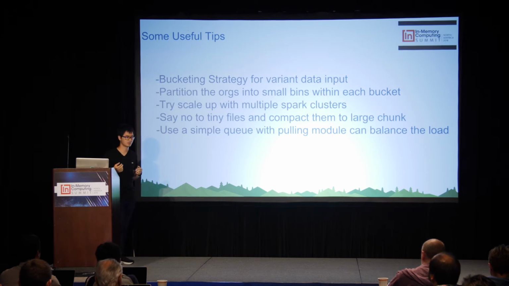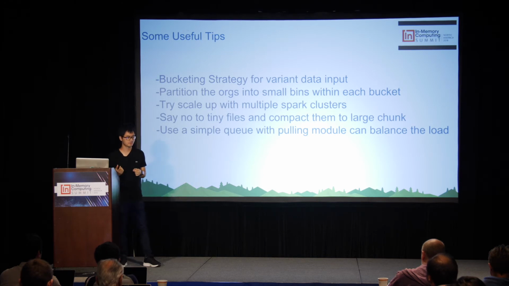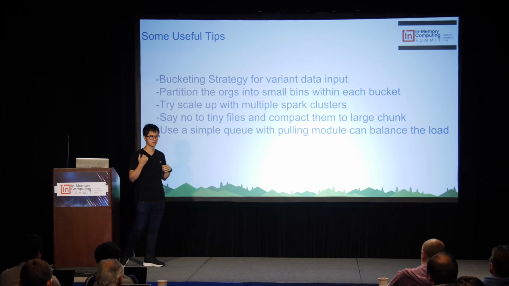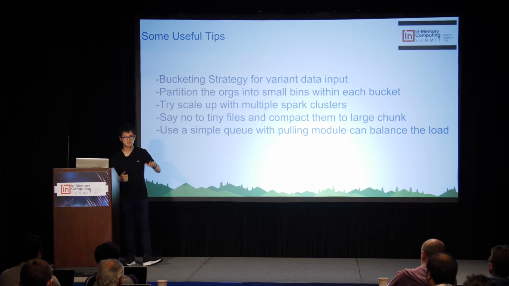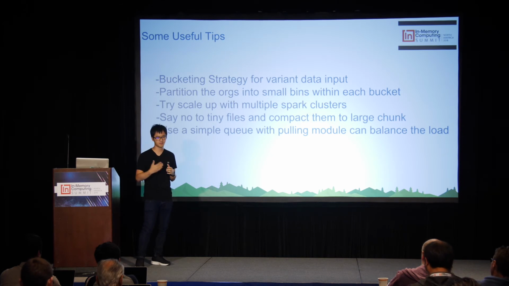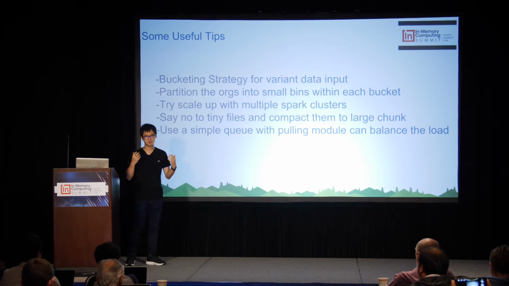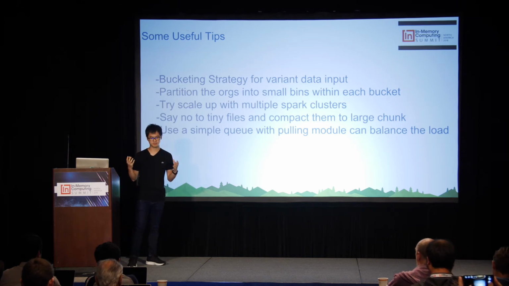And tiny files are always a headache for us. If we can avoid them, definitely avoid them. But if we can't, we can avoid suffering from these tiny files again and again. We can have a compaction job which compacts them, even though it has to read from tiny files and do aggregation. But the next time, all our downstream will be super happy with these compacted big files.